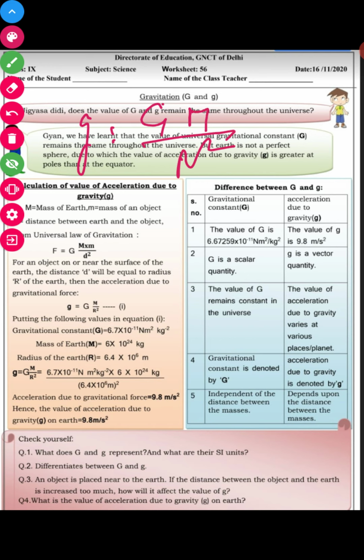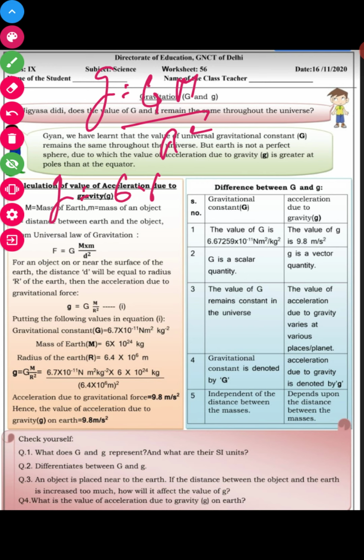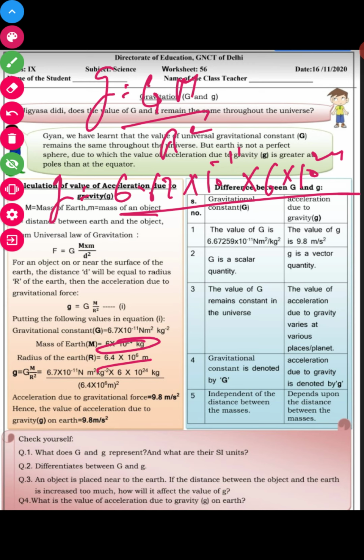Then we have the value of G is 6.67 into 10 raised to power minus 11. Then M, they have given you the value of M also, that is the mass of earth, 6 into 10 raised to power 24, divided by R square. The radius of earth is 6.4 into 10 raised to power 6. All these values are pre-calculated for you, and we have this square.